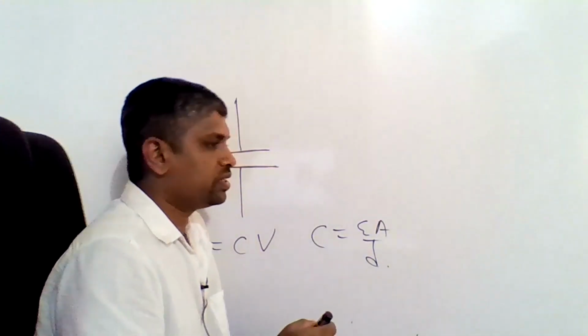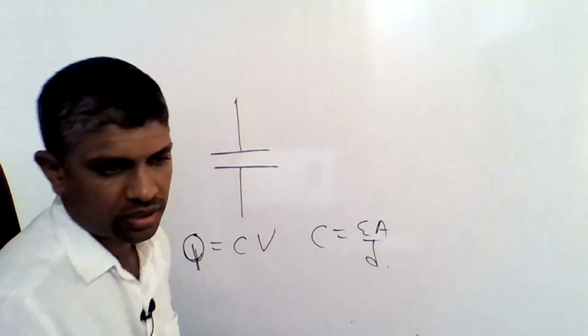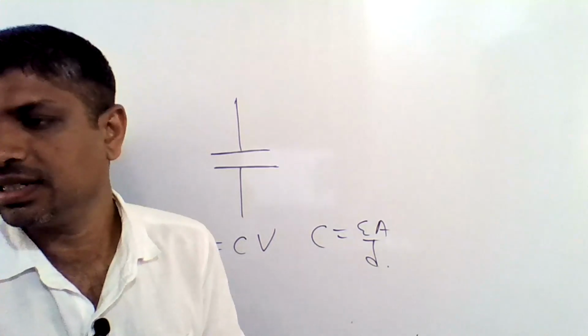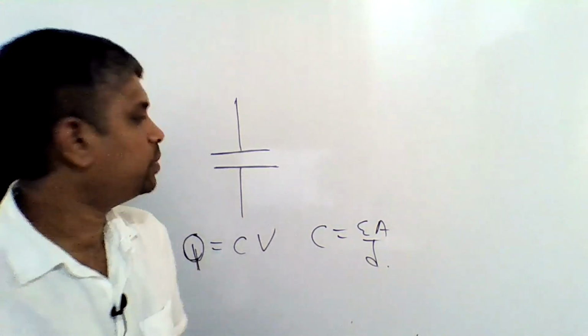Usually one terminal is longer than the other terminal. On the side you can see this negative symbol, which means this is the negative terminal. Normally during construction, one terminal is constructed a little differently compared to the other.